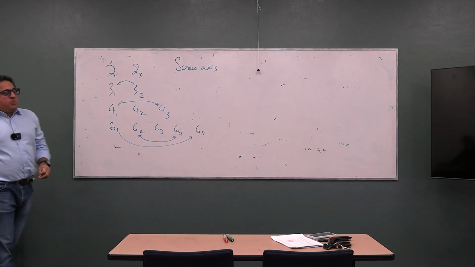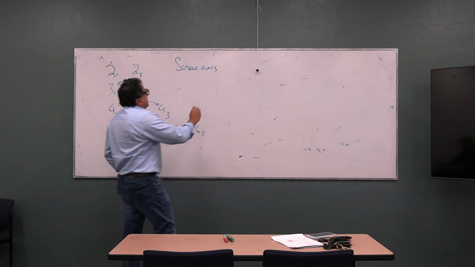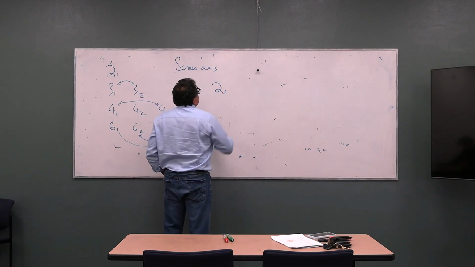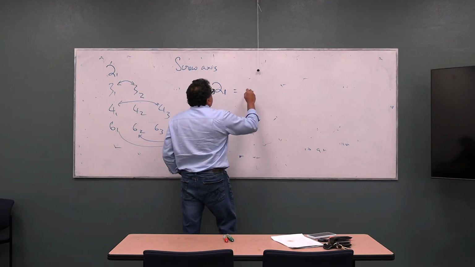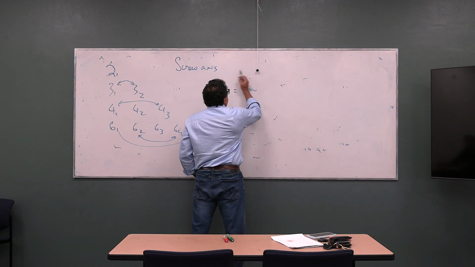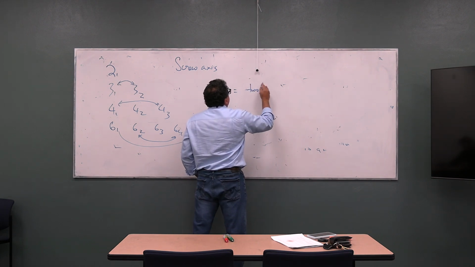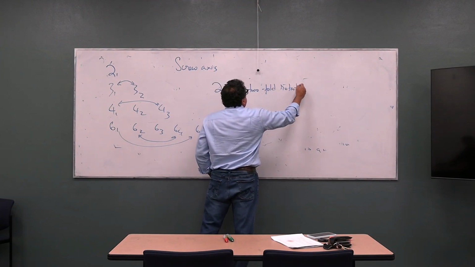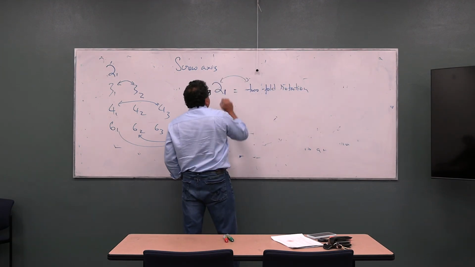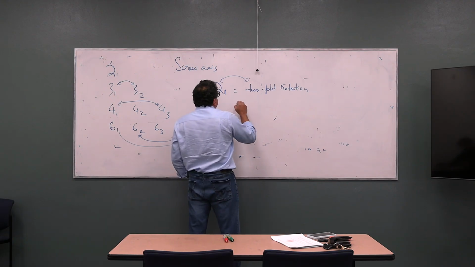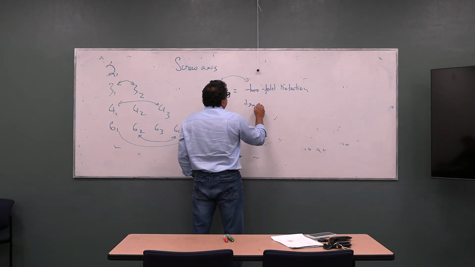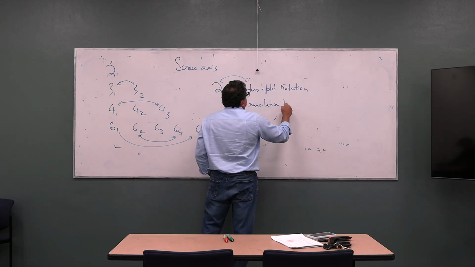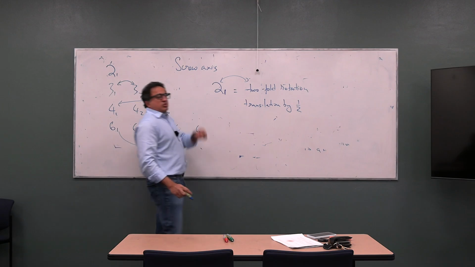Let's just consider them one at a time. For example, let's consider the 2-1 screw. A 2-1 screw is a two-fold rotation, which is indicated by this sign, and translation by 1/2.